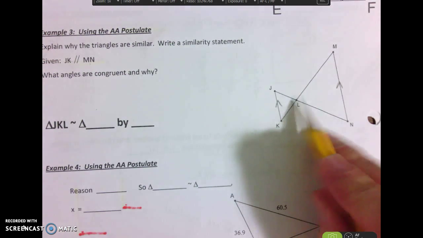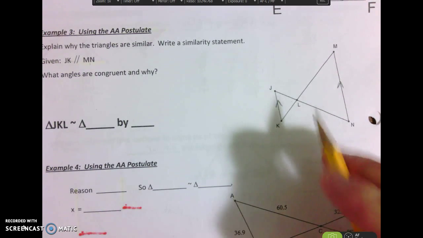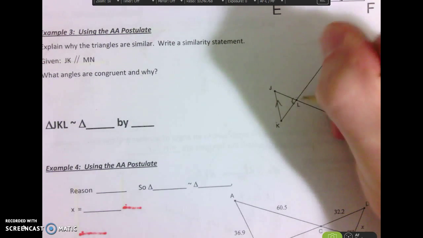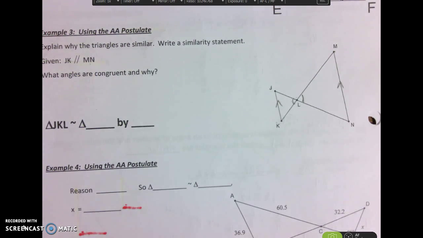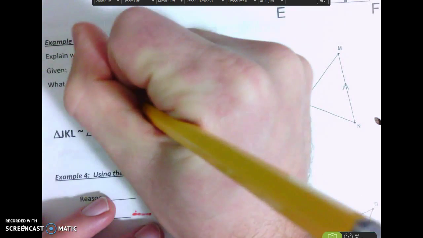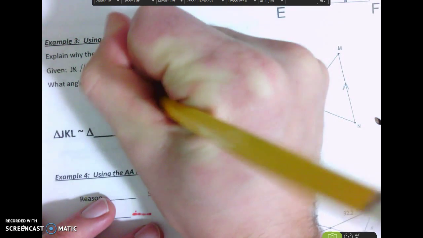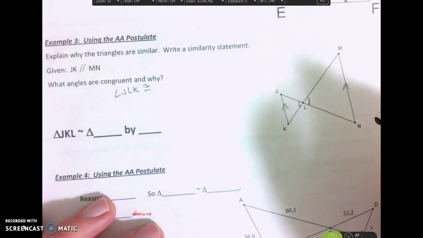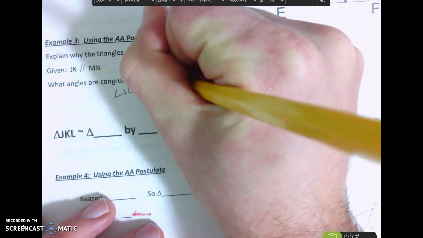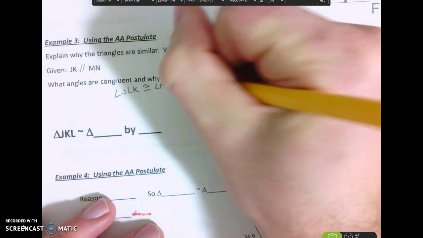Well, right here, if we look on both sides of L, the angle JLK and angle MLN, those are congruent because they're vertical angles. So angle JLK is congruent to angle MLN. And that's because they are vertical.